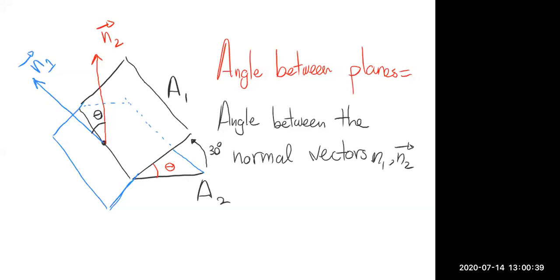But we know how to compute the angle between two vectors. We should use the two different definitions we had for inner product. That's the way to compute the angle between two vectors. So if I want to answer this question, suppose I have two different equations for two planes.